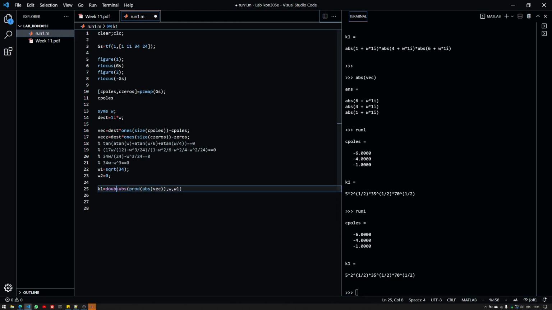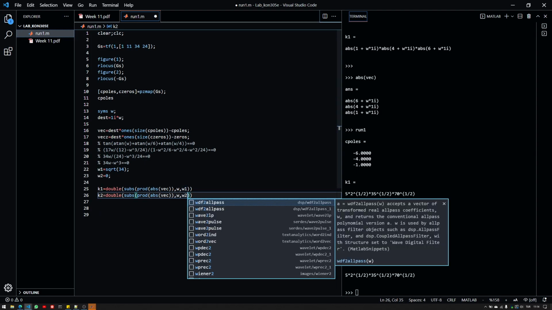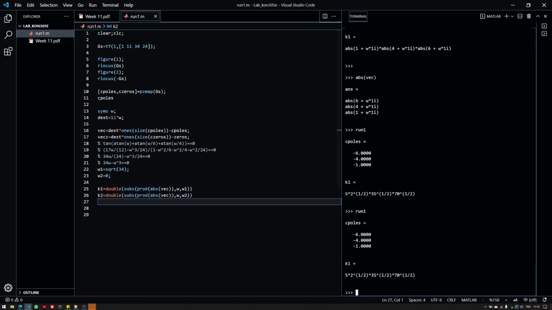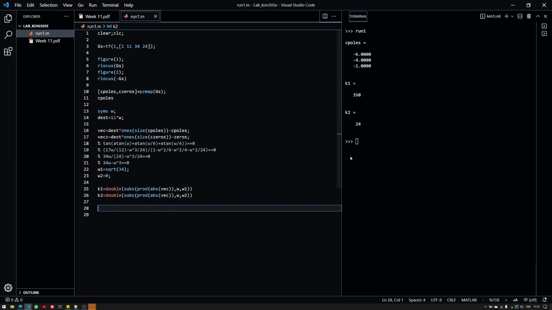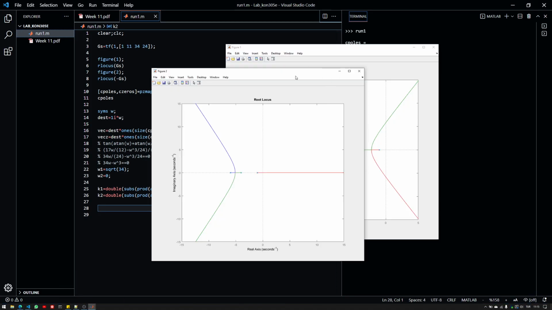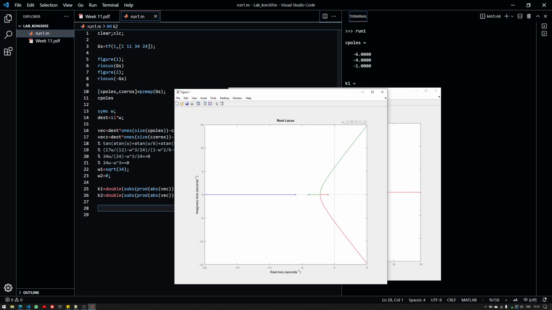Now, if we convert this into a double, and if we repeat it for the second omega value, for each omega we would have a k value, which makes hopefully sense. And there we go, we have 350 and 24. Now, in order to determine if it's a positive k value or if it's a negative value, we might go ahead and check out on which root locus plot this crossing occurs.